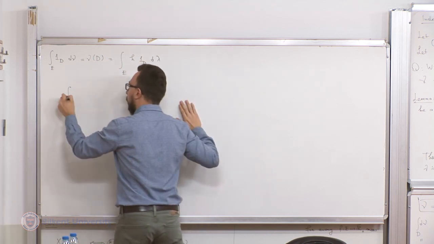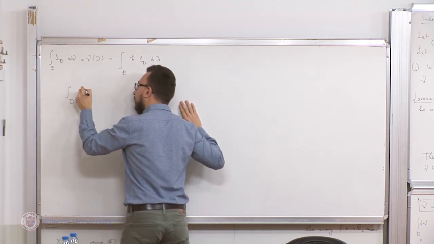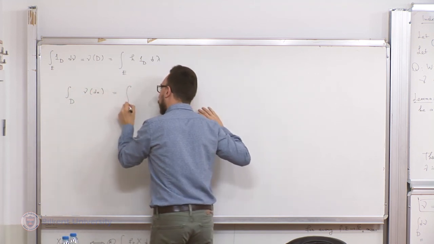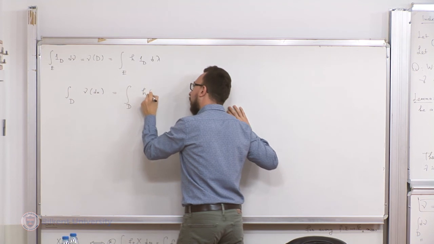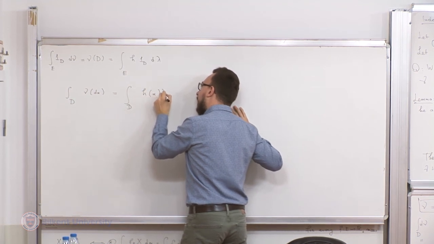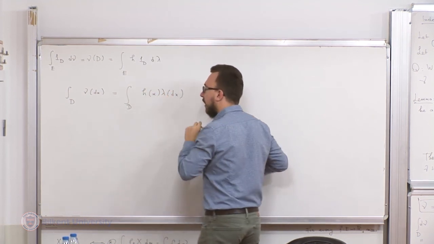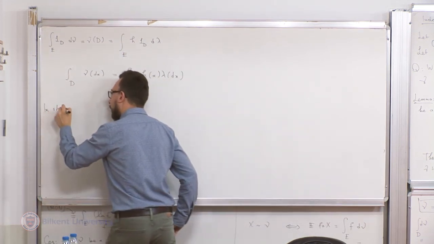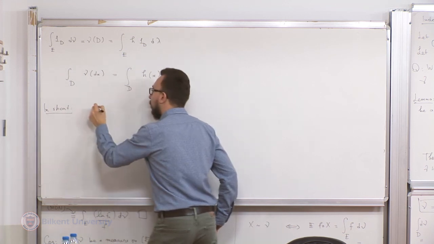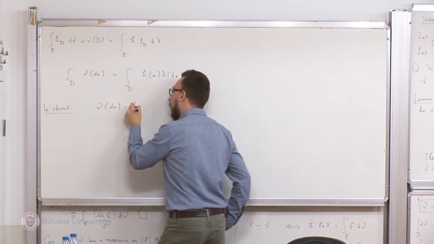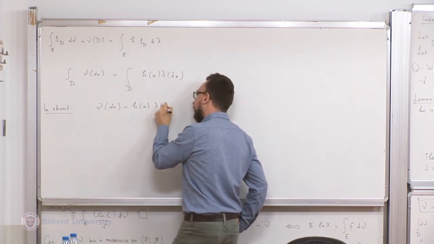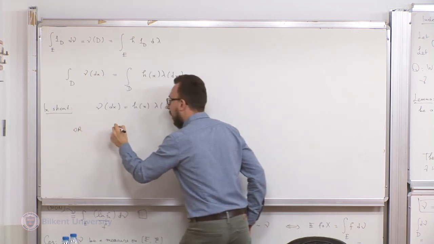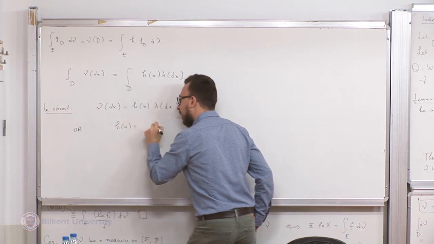So if you'd like to see it this way, nu(dx) equals h(x) lambda(dx). In short, we write nu(dx) equals h(x) lambda(dx).